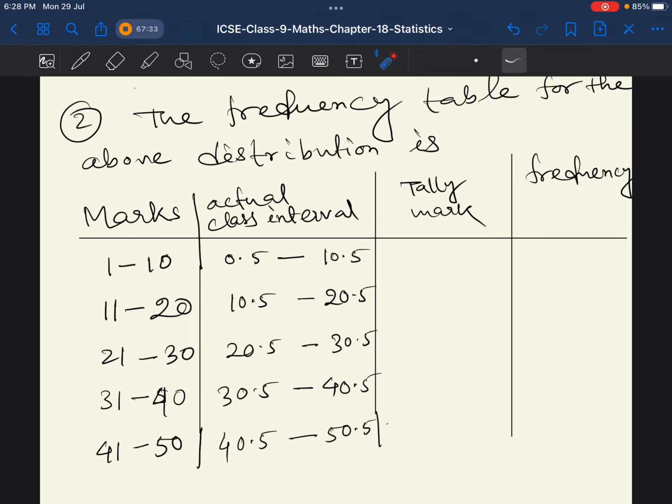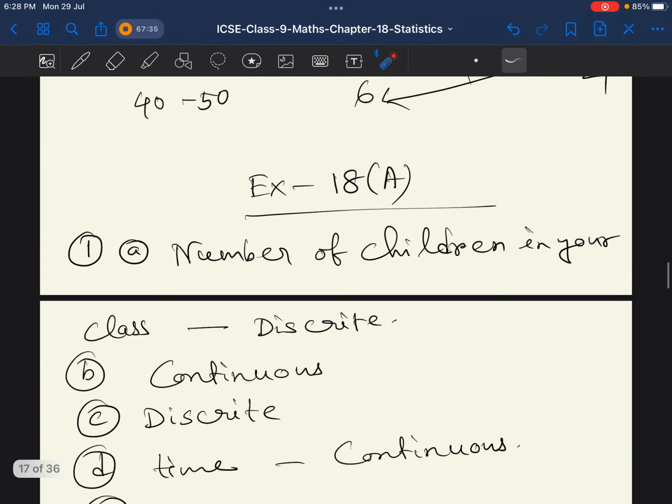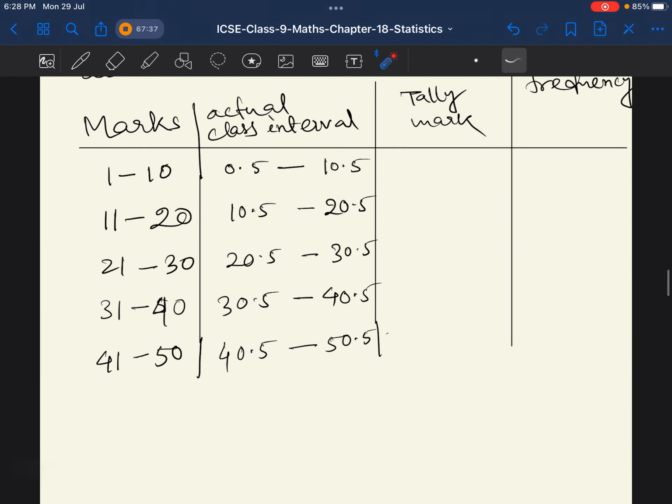So here tally marks. You see here, 0.5 to 10.5, less than 10.5 and greater than 0.5, we get the answers.